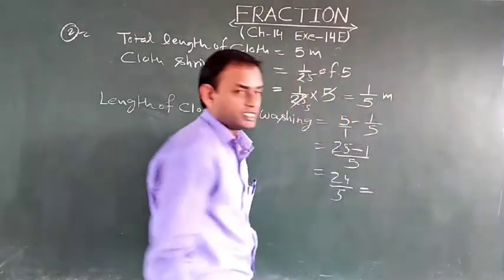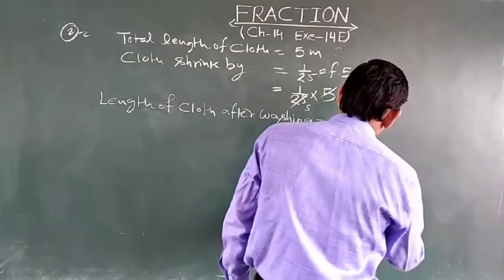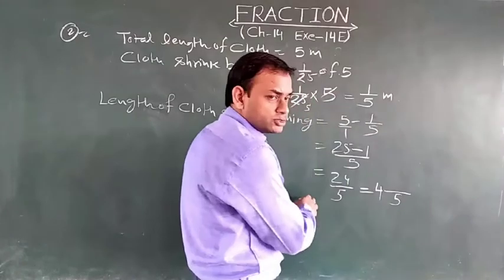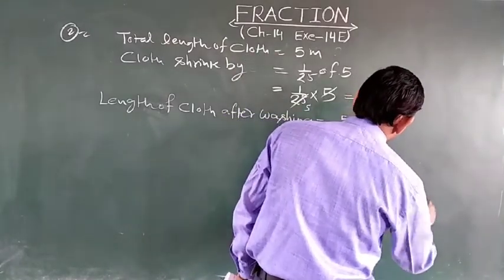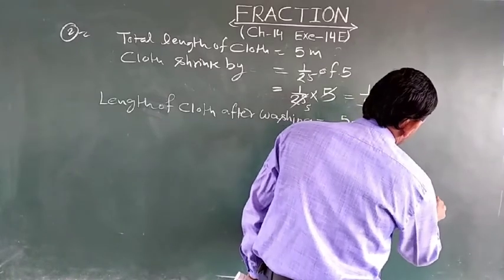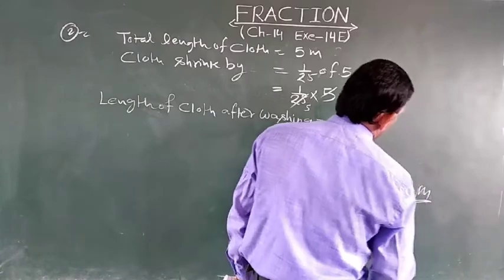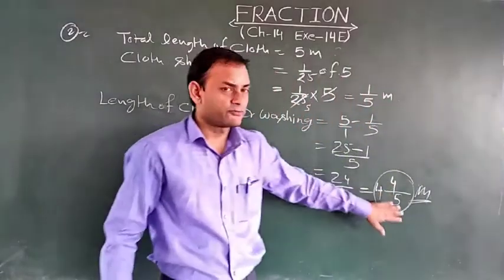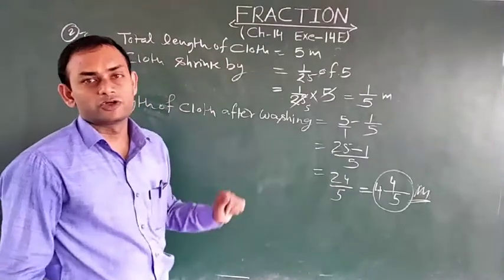Now we will just change it into the mixed fraction. 5 4s are 20 and 4. So this is the final answer of this question. This is in meter. Remember, 4 whole 4 by 5 meter is the total length of the cloth after washing.